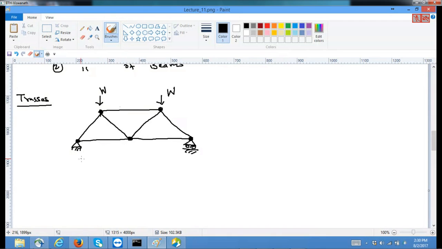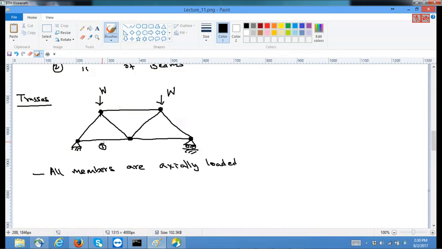So the main point is all members are loaded. So what are the members? Let us see the members.